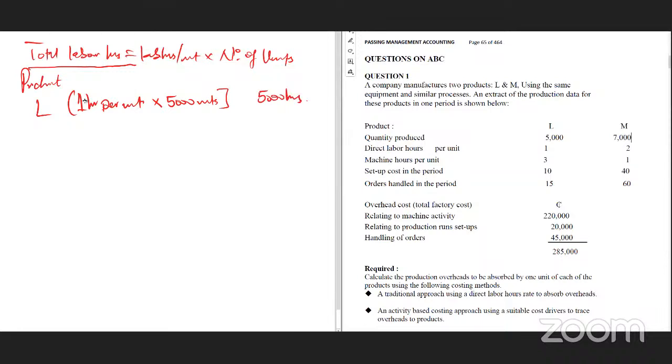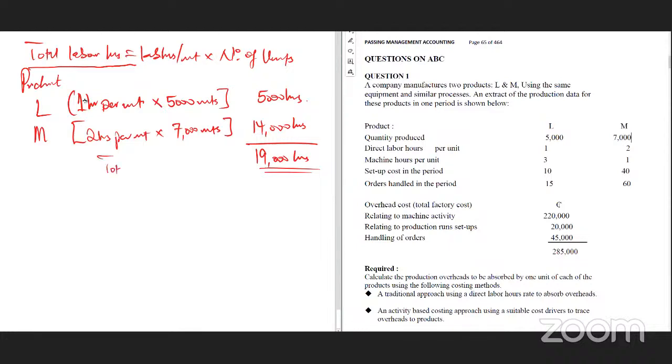Okay. Now, if we come to product M, we were using 2 hours per unit. But we were in 7,000 units, not so. So that is 14,000 hours. Now, if we put it together, we have 19,000 hours, being our total labor hours, not so.